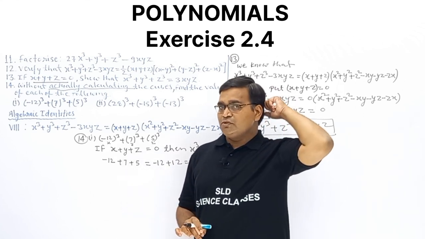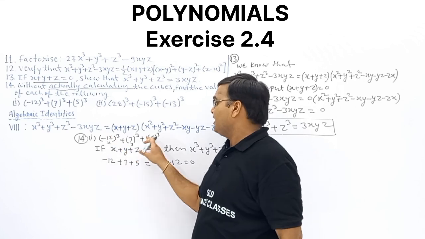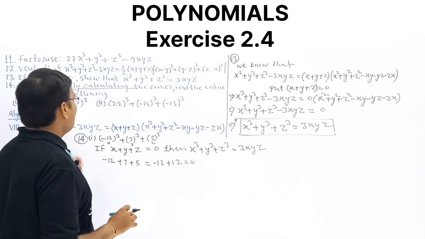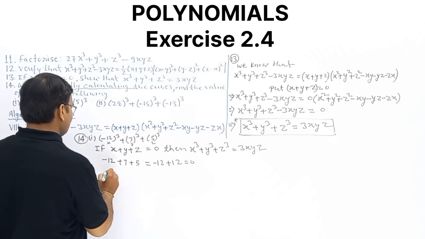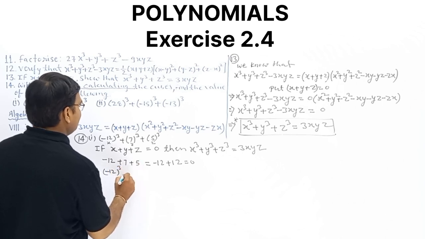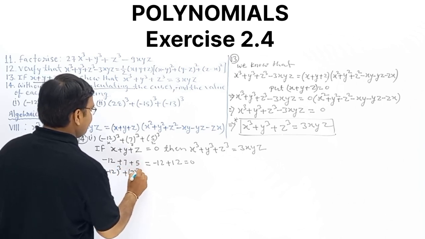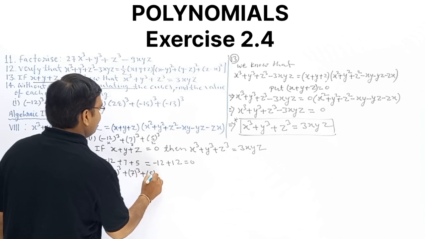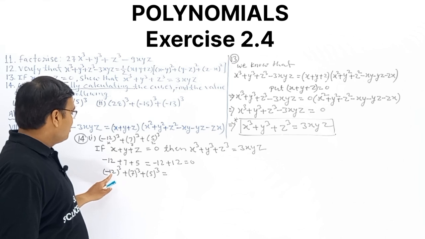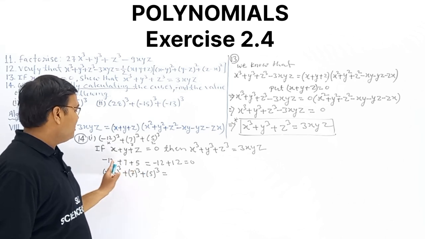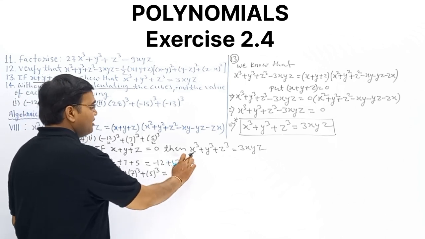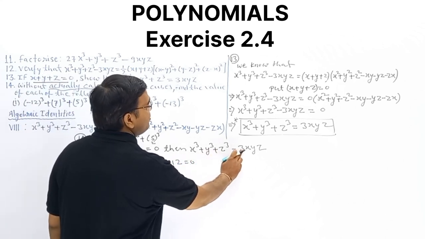So the cube of these terms, minus 12 cube plus 7 cube plus 5 cube, will be what? We added all, x plus y plus z, and we got 0.